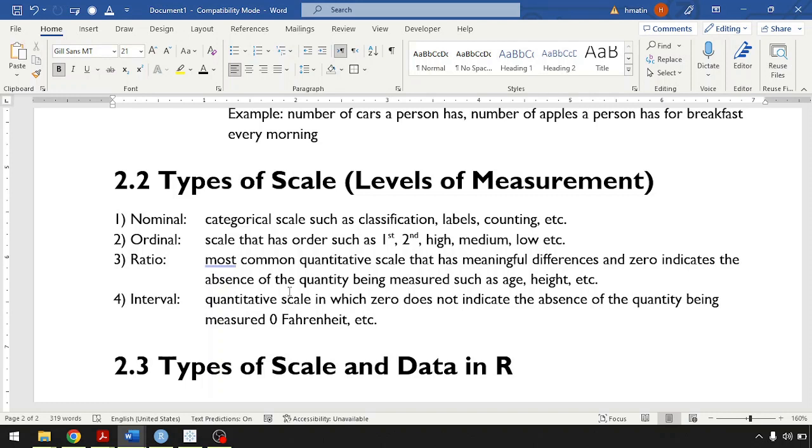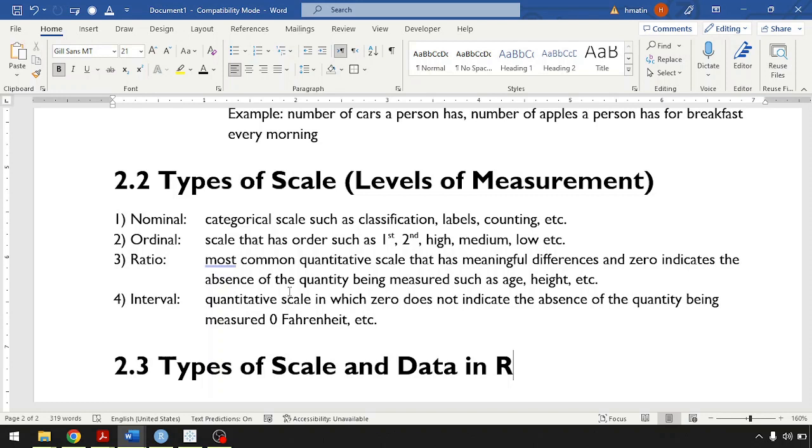The first category is nominal measurement or nominal scale, which are categorical scales such as classifications, labels, or names. Again, nominal, as the word itself describes, it's just categories or names. But just because they're names, it does not mean that we will not have nominal values that have numbers.